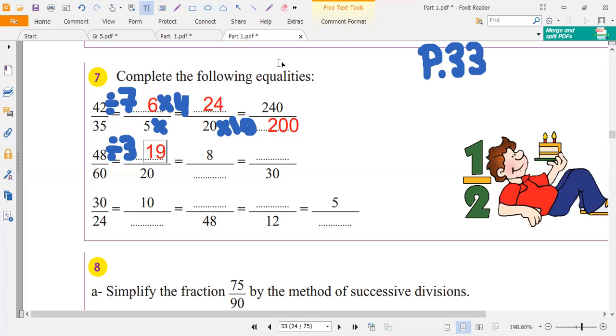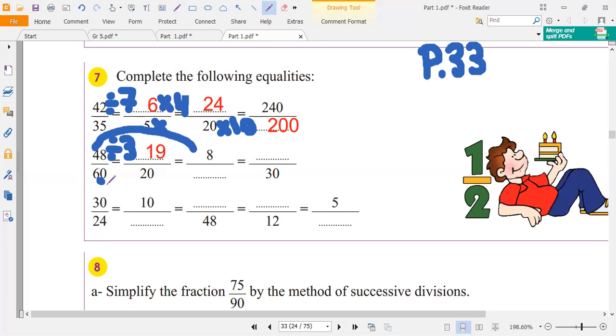Now here, look, 16. Can 16 become 8? No. So here we have to turn to this fraction 48. How does 48 become 8? We divide the number by 6 to get 8.